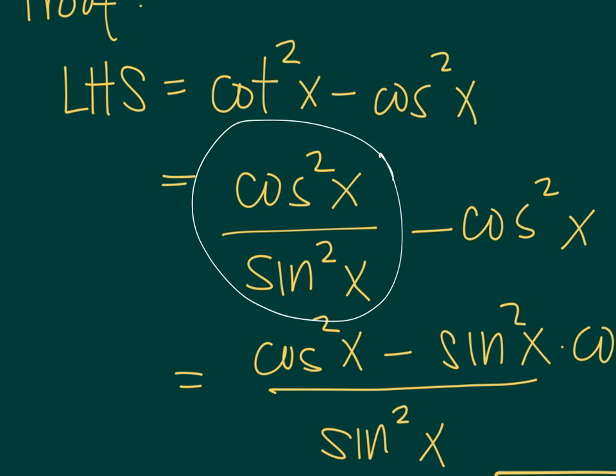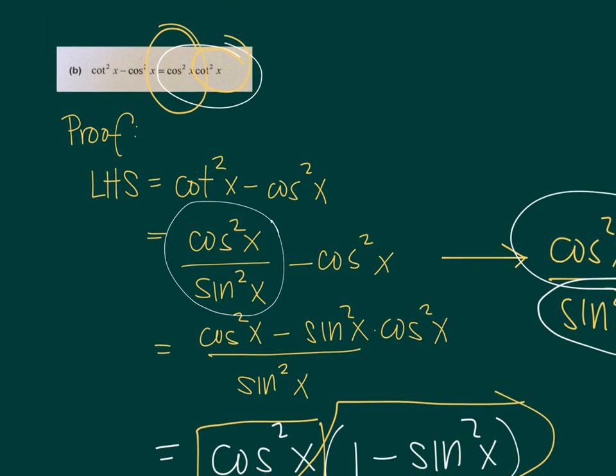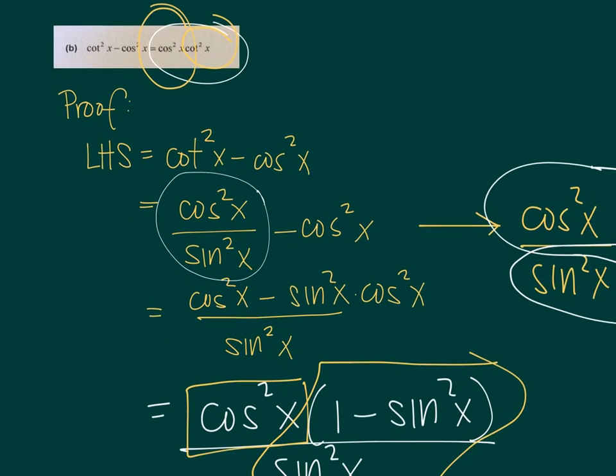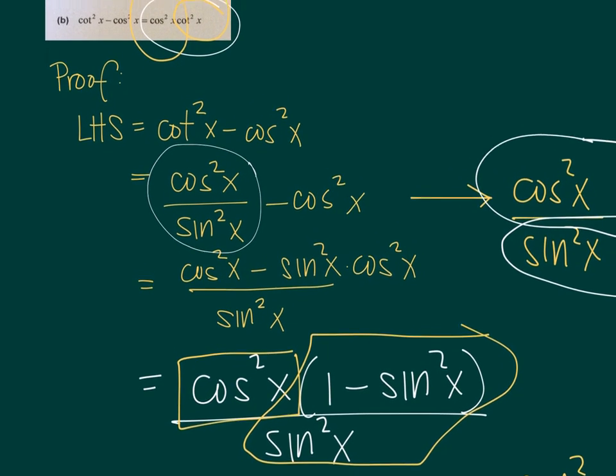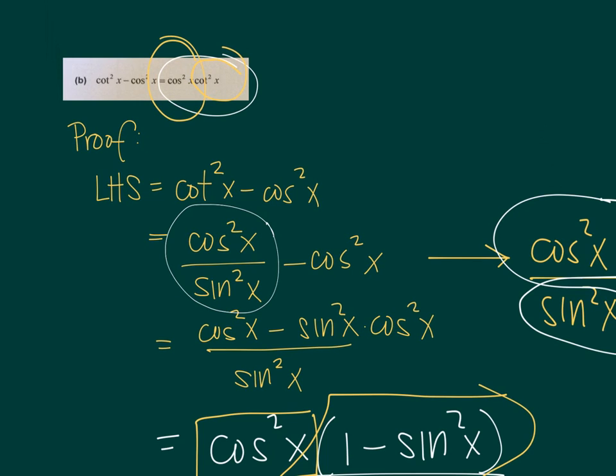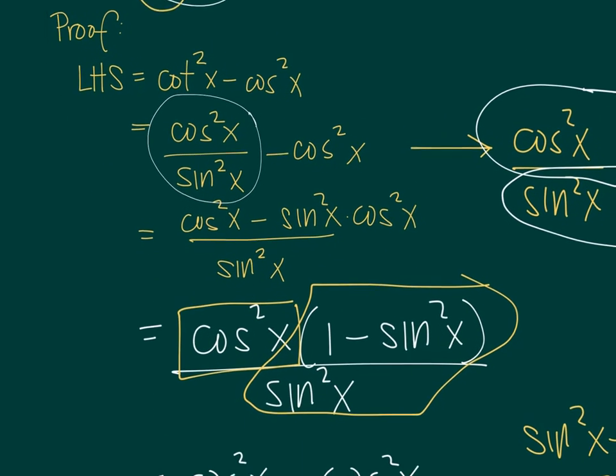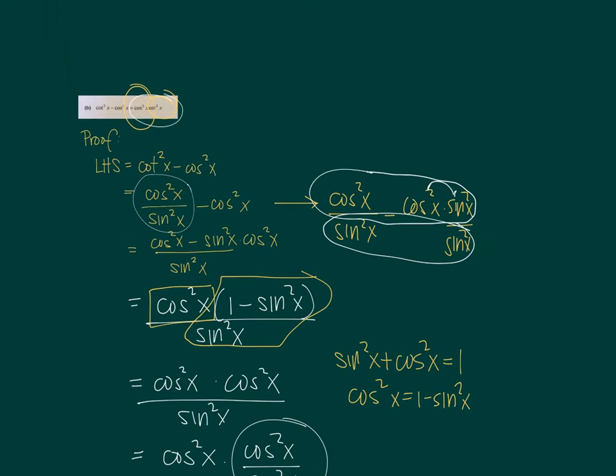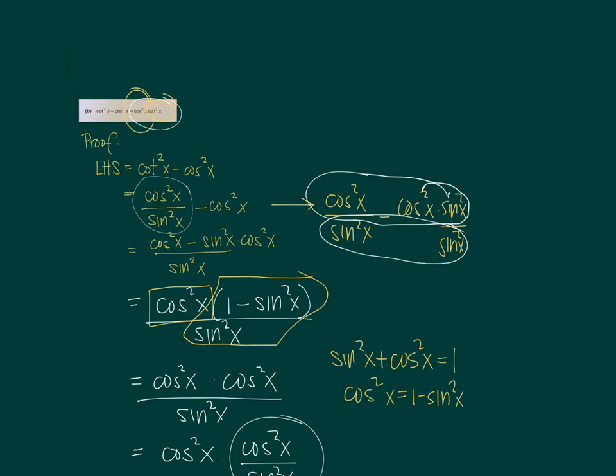We tried to combine the two expressions into a single expression because the right hand side does not involve any minus or plus sign. And we also use some factoring because cosine squared x is common, and we were able to create this.